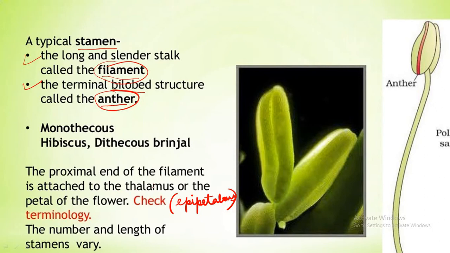The proximal end means the base end of the filament. If it is attached to the thalamus, or to the petal, it is called epipetalous when attached to the petal. The number and length of the stamens are variable in flowers of different species. Now, monothecous and dithecous we will study in the next slide.